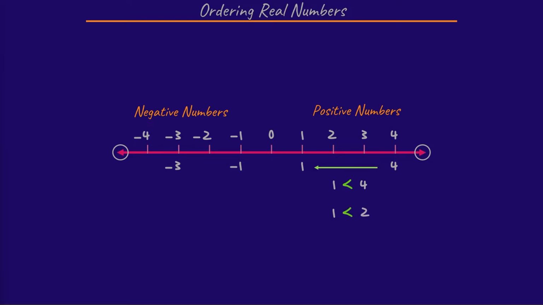So the numbers that lie to the left are less than. Let's have another example. Let's look at number -3. We can see it lies to the left of -1, so we can say -3 is less than -1. And we can say that -4 is less than -2.